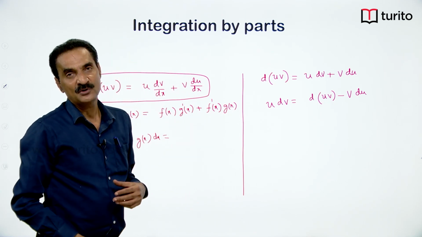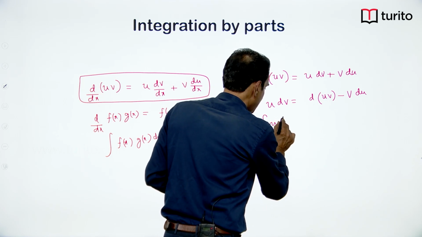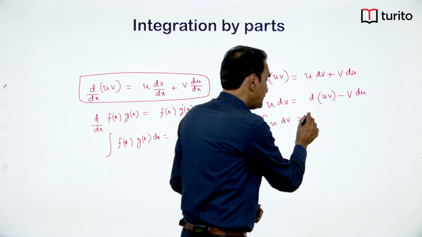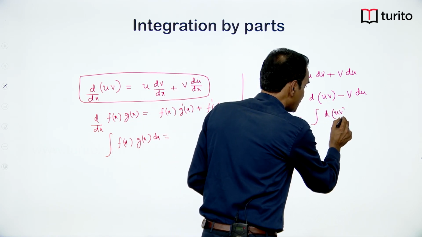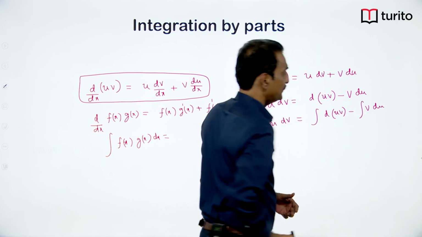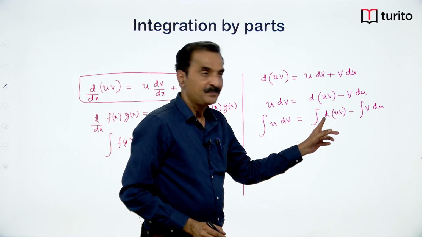Now integrating on both sides, integral u dv is equal to integral d of uv minus integral v du. What is integral d of uv?